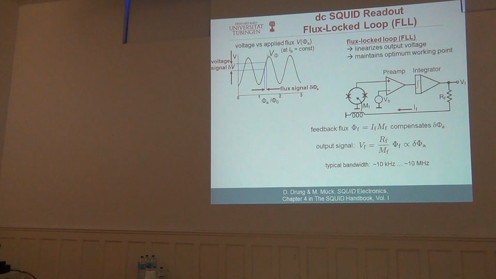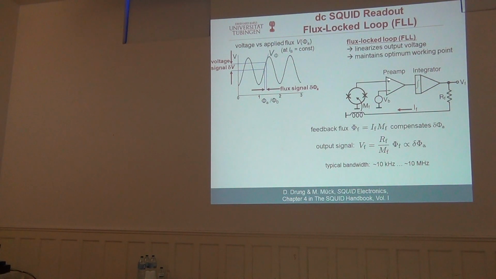There are a variety of readout techniques, and if you are interested in learning more about that, I can recommend Chapter 4 in the SQUID Handbook, Volume 1, where all these techniques are described. Let me just point out this very basic concept of the so-called flux-locked loop. You are at some bias point, you measure a signal, which means you get a voltage change.